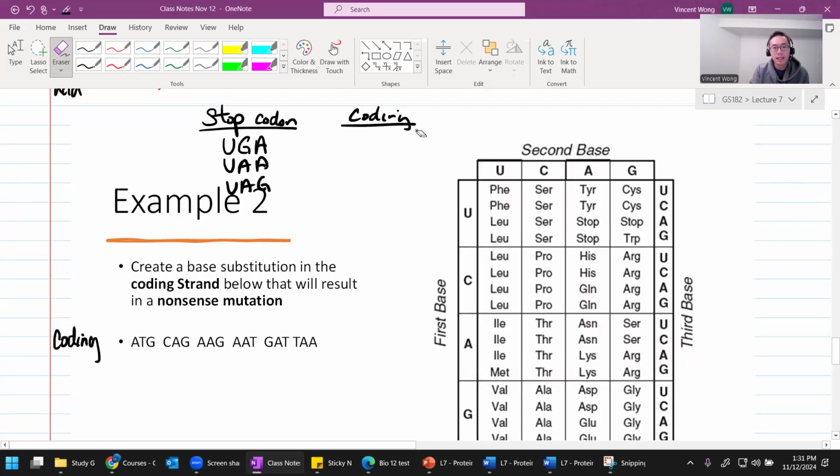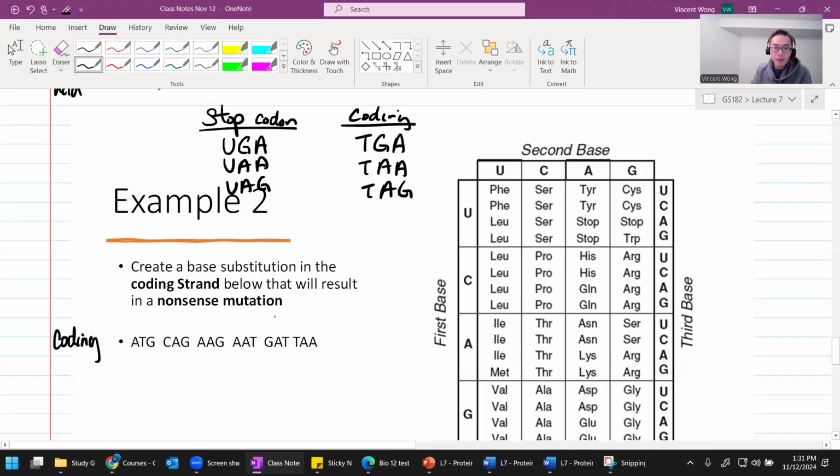What's UGA going to look like on the coding strand? The relationship between the coding strand and the mRNA is that they are going to be the same. So instead of UGA on the coding strand, it's going to be TGA. Right? UAA is TAA and UAG is TAG.